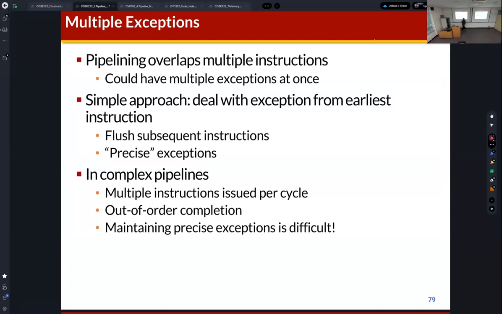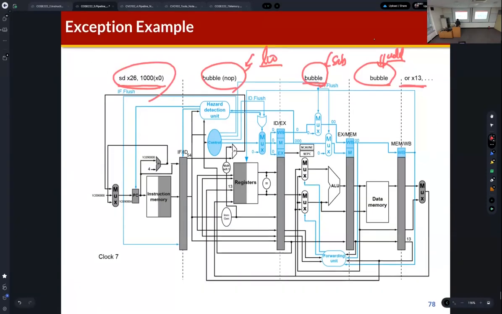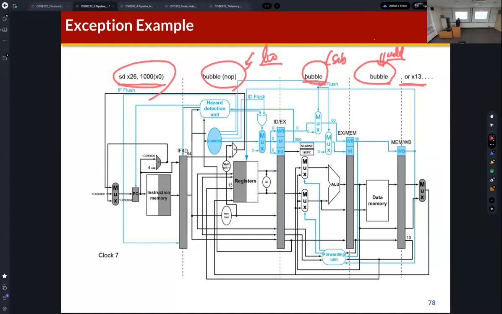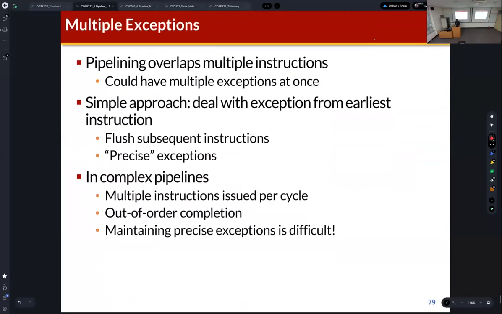So I explained how an exception is handled in the pipeline processor. Multiple exceptions can be detected in the same processor, so it can be possible. There can be multiple errors in our code, which means that multiple exceptions can be detected.